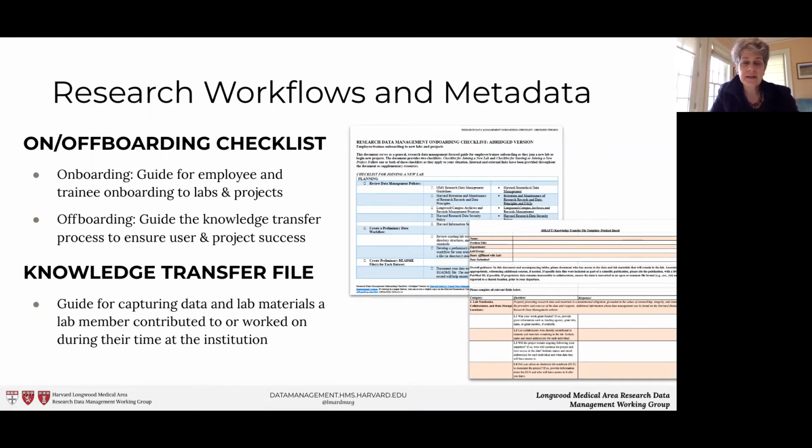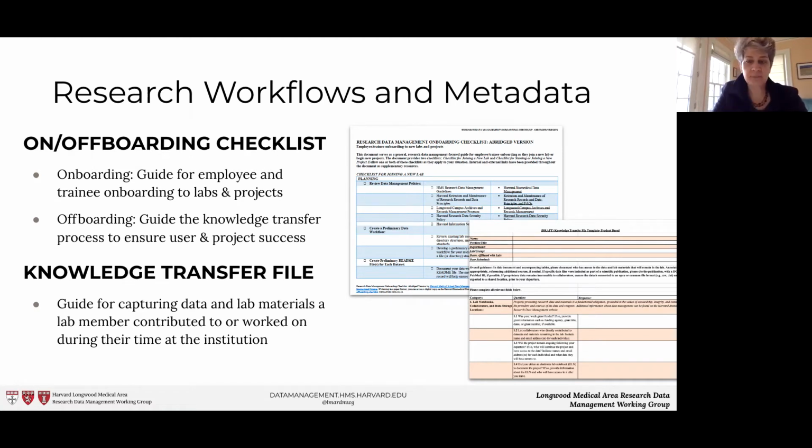It's a more specific worksheet to be used when you leave the lab to record potentially all aspects of the data that you have generated while you're there, in particular recording where raw data are and key research files relevant to figures published in papers or your thesis. It also provides a template for recording information about data that are unpublished, that are left behind, right, that are potentially usable by other members of the lab after you leave.